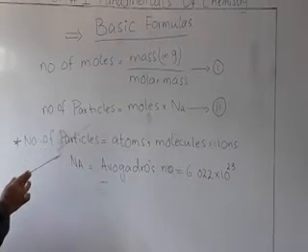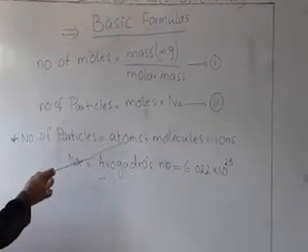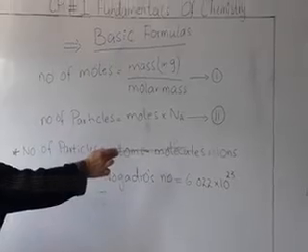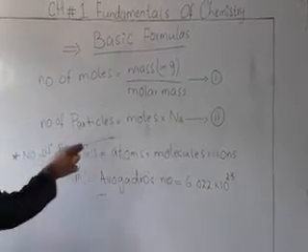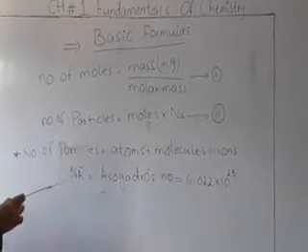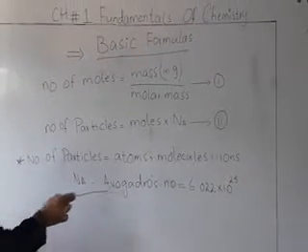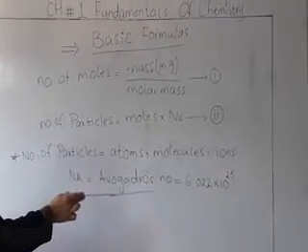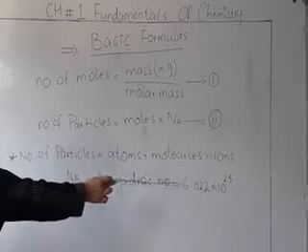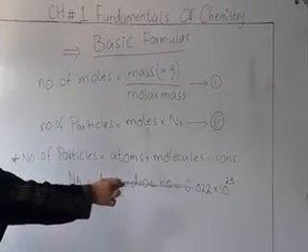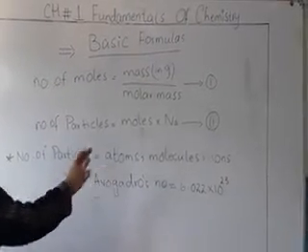Number of particles can be atoms, molecules or ions, and this Na, as we did earlier, denotes Avogadro's number, which is mathematically 6.022 into 10 raised to power 23.